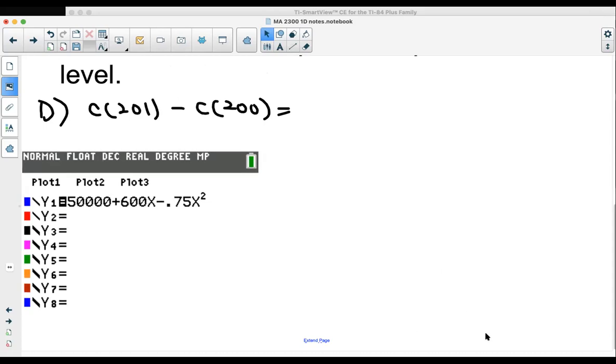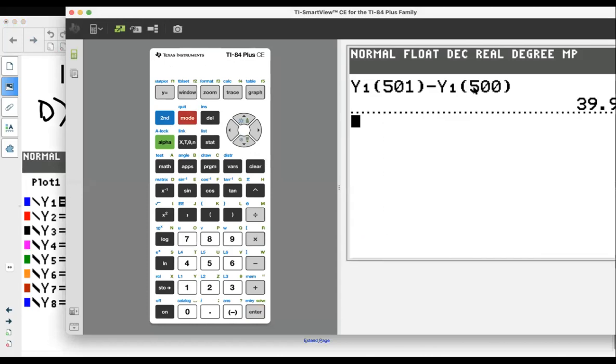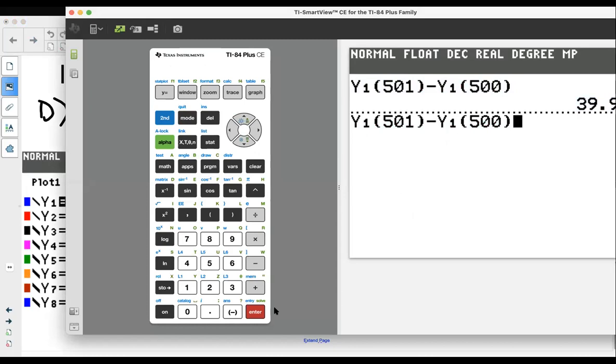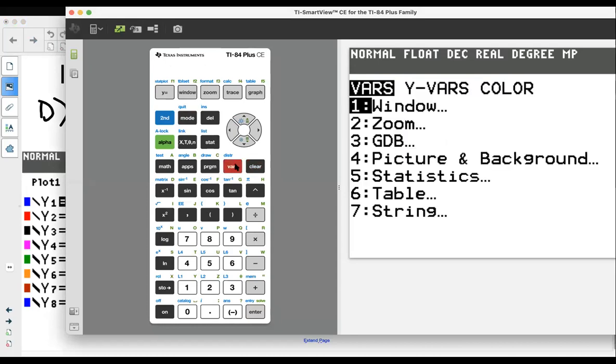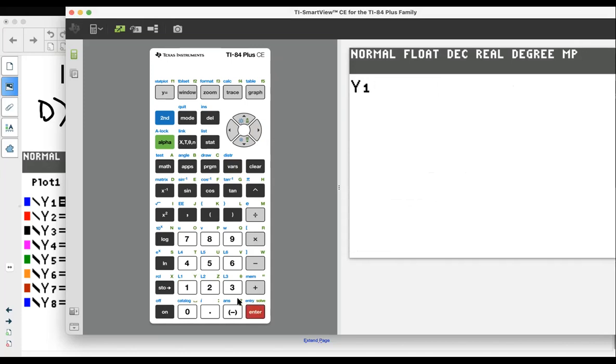Now I'm going to do second quit, and something similar. If I want to be lazy, I can go on top and click on it, and it just copies the same expression one more time. This time, y sub 1 is not my old function but the function I just typed in. If you can't do that on your calculator, you just have to go through this one more time: Vars, Y-Vars, Function, and Y sub 1.